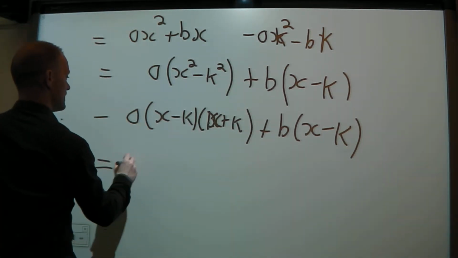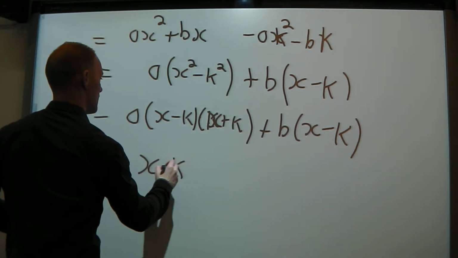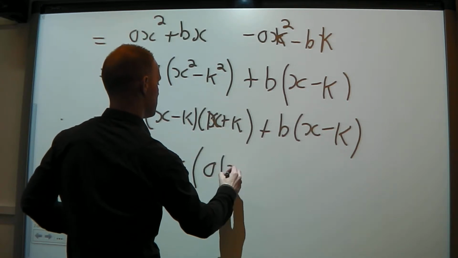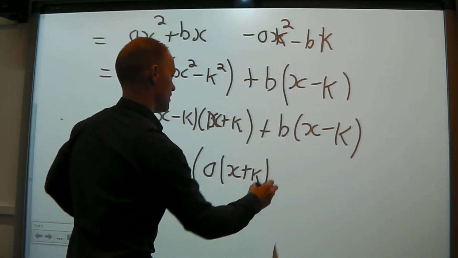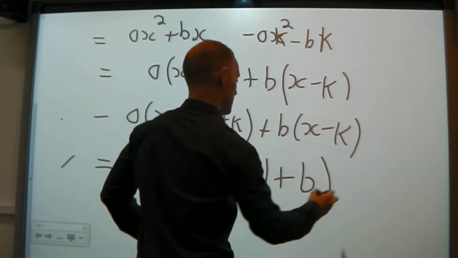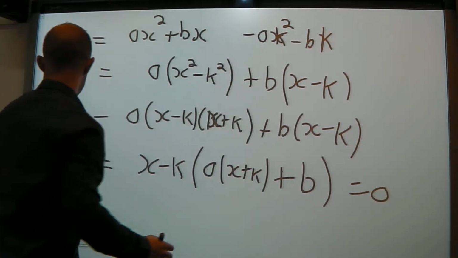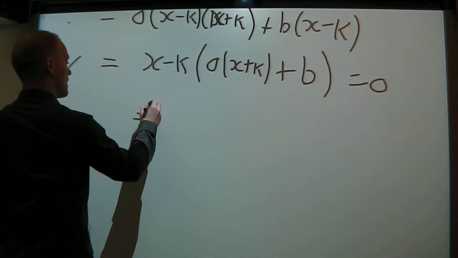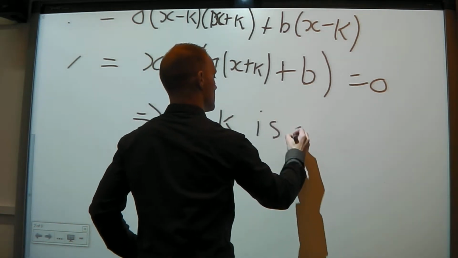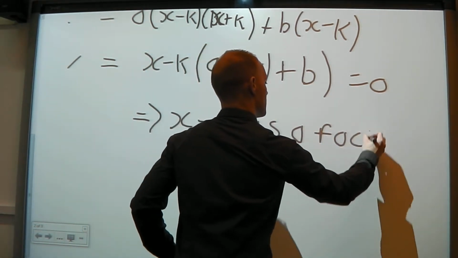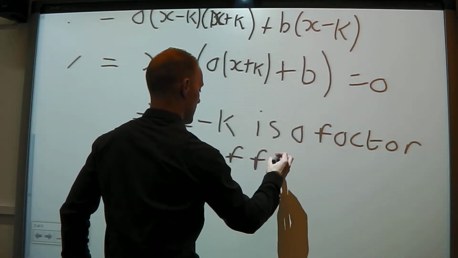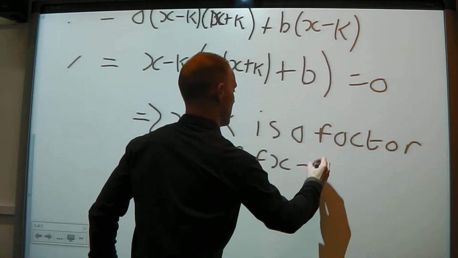So that implies x minus k into a times (x plus k) plus b, and that implies that x minus k is a factor of f of x minus f of k.